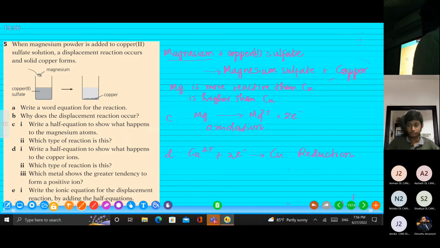Which metal shows greater tendency to form positive ions? Like how the magnesium has become a positive ion, copper 2 plus has become an atom again. So which one has a greater tendency? Magnesium, right?